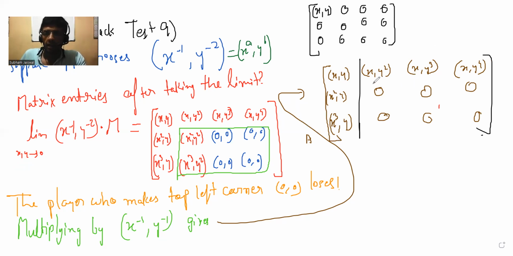Yes. So what A did is multiply by x to the power minus 1 comma y to the power minus 1. And what do we mean by multiply? Multiply each entry.